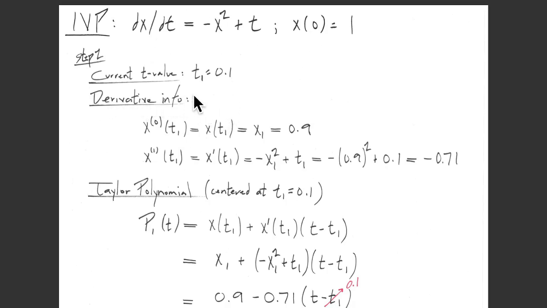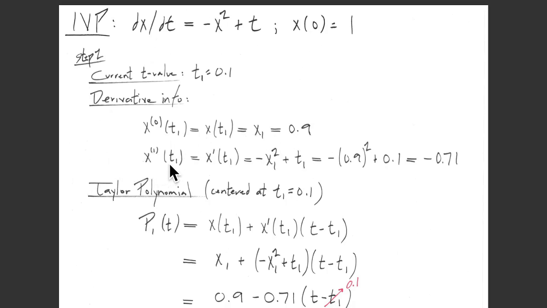What is the derivative of our solution at time t1? We want the 0th and the first derivatives at time t1. So the 0th derivative would just be x at t1, but when t1 is 0.1, the x value we have is our x1 value, which we had previously calculated to be 0.9.